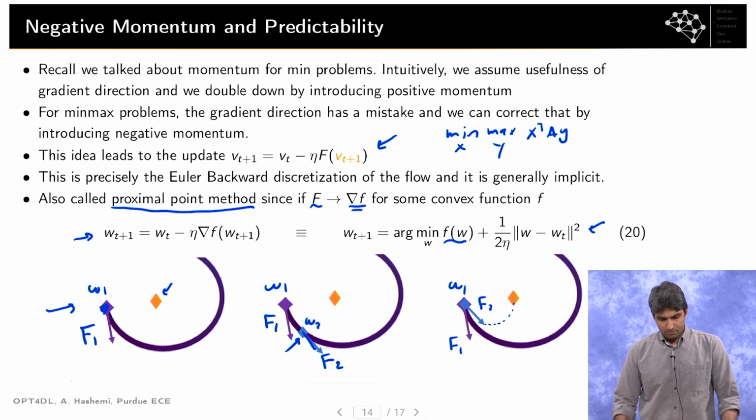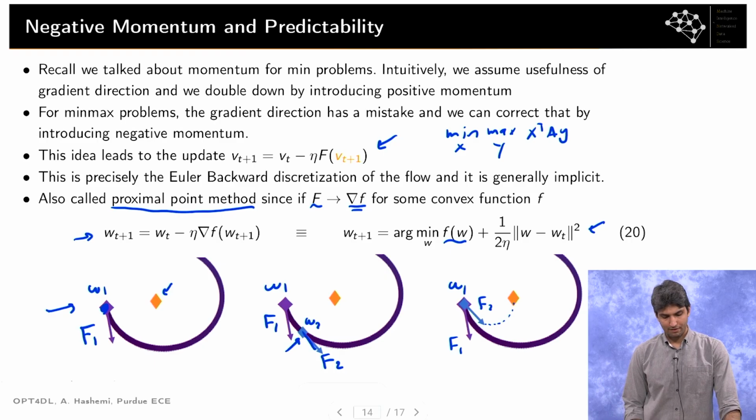So at least hopefully intuitively now we can see that we have a fix. The fix essentially is to use predictability, use the direction prescribed by the next update to update the current solution.